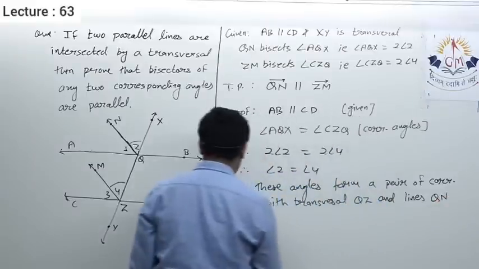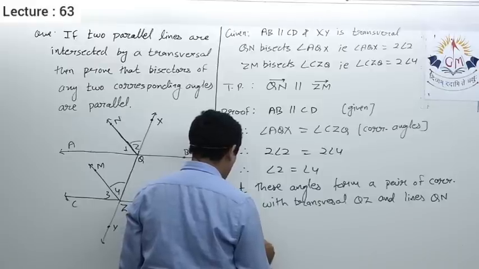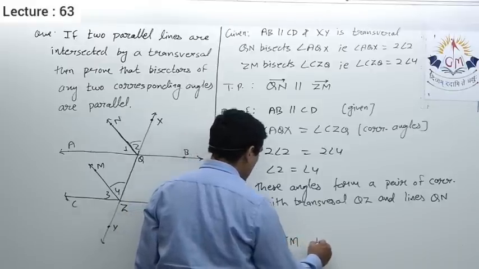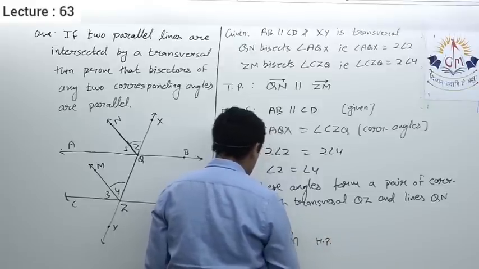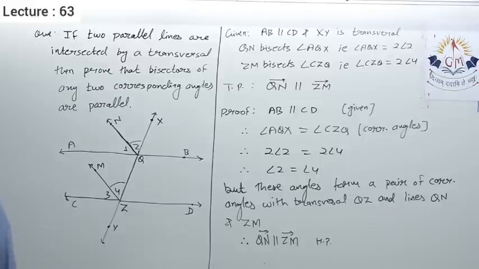Therefore QN is parallel to ZM, hence proved. Please note it down, then we'll see the next question.